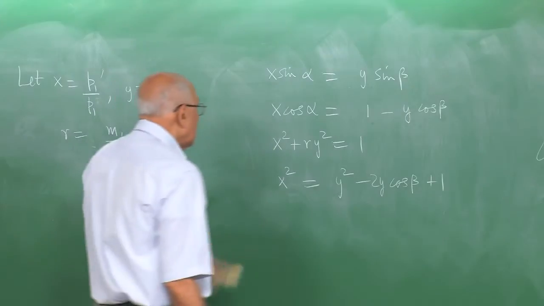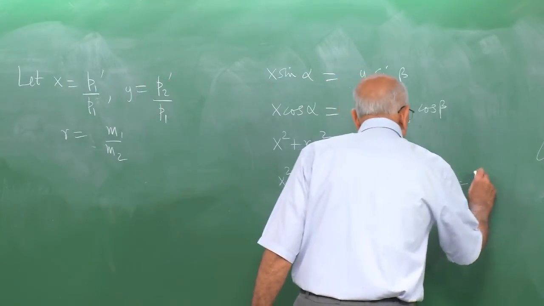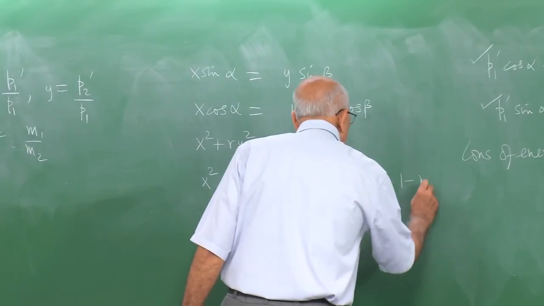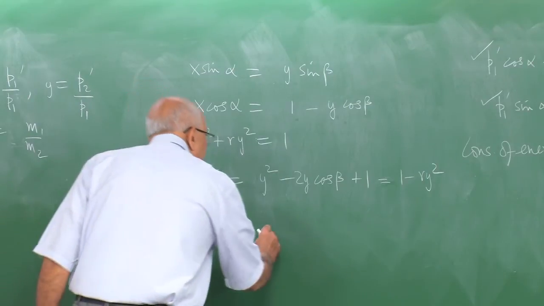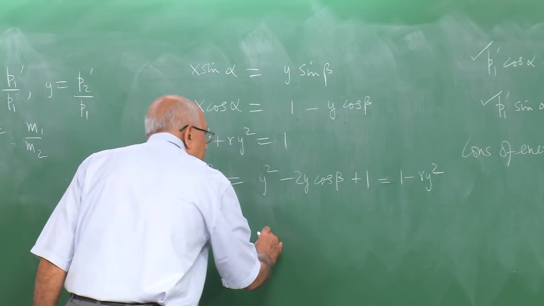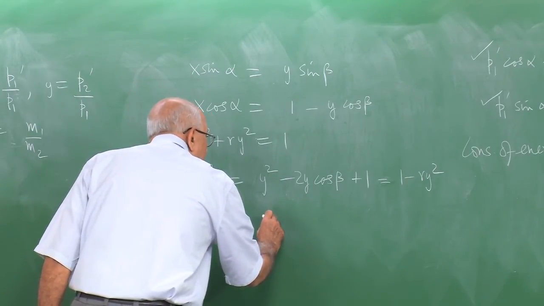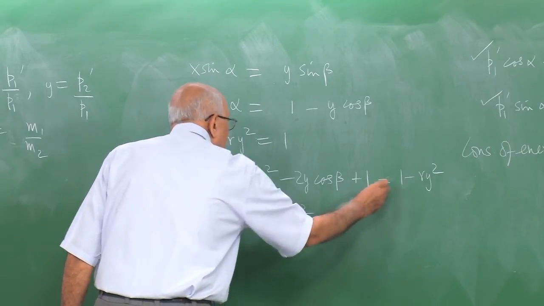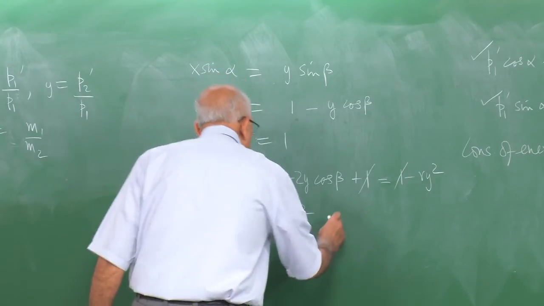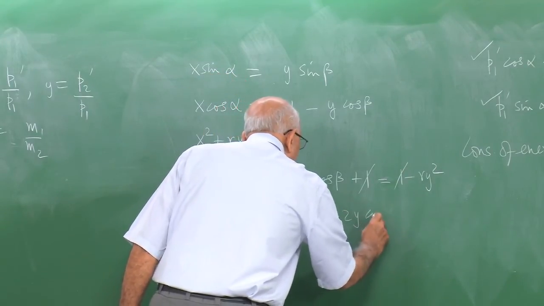But for x squared I write 1 minus ry squared, so this at once gives you 1 plus ry squared, this 1 cancels out, 1 plus ry squared is 2y cos beta.